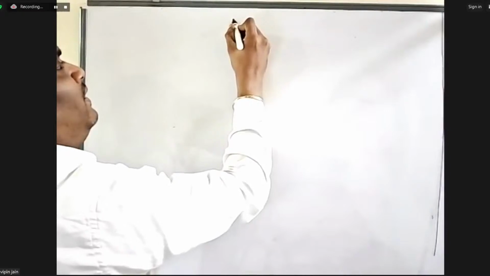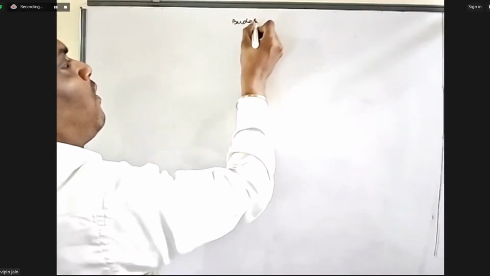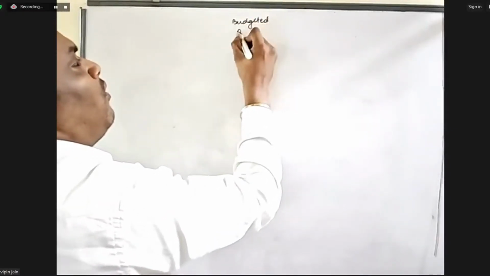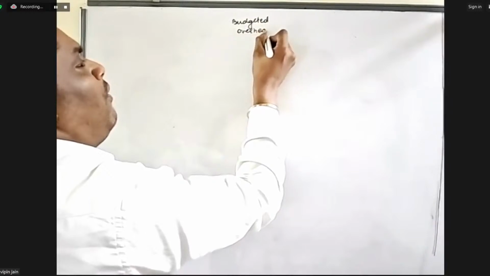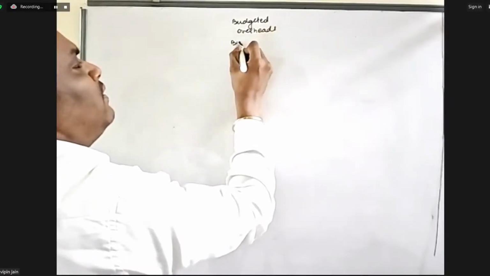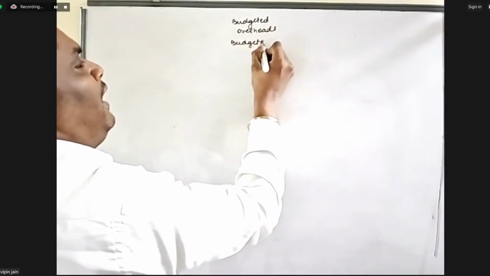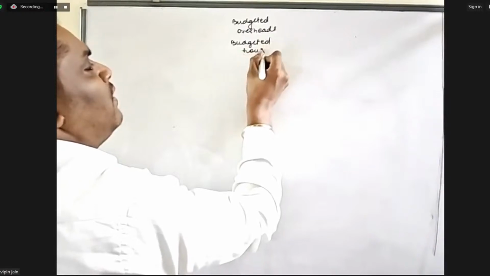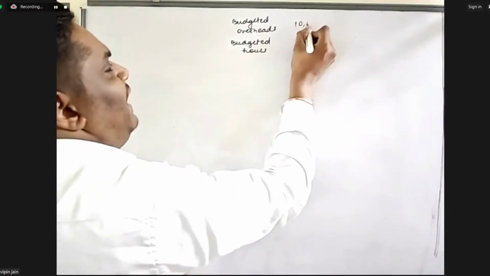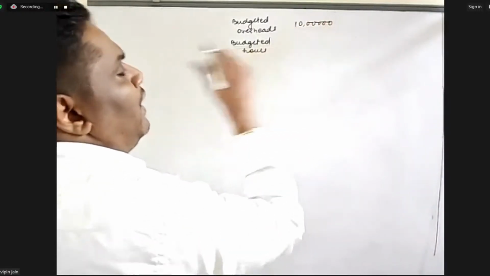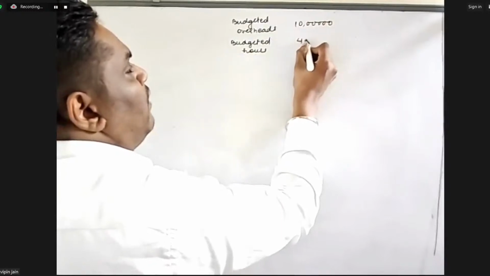Now let's say my budgeted overheads and budgeted hours are given, that is 10 lakh and 4 lakh.